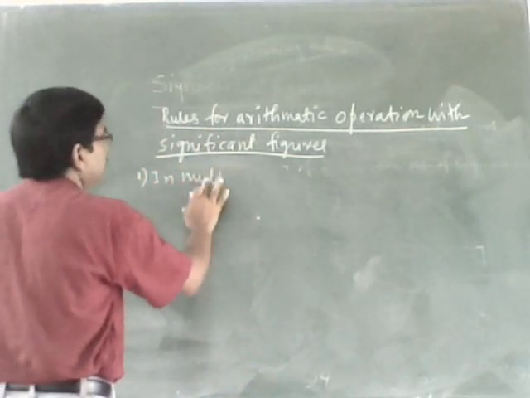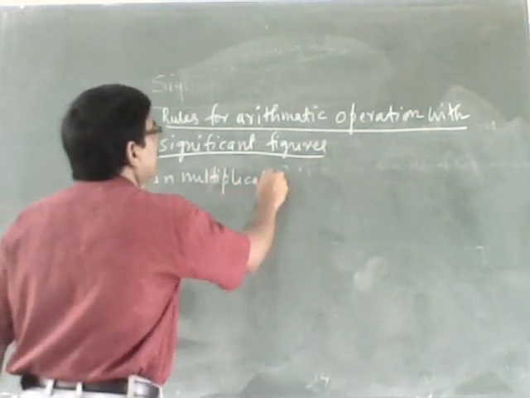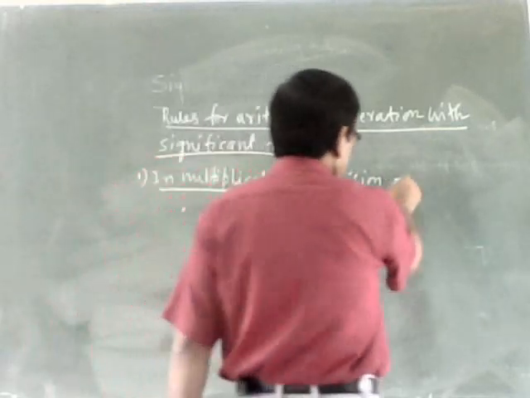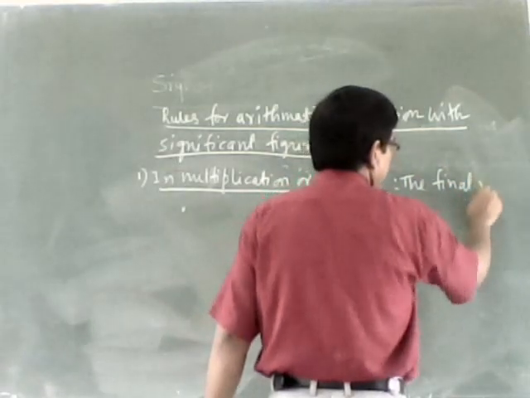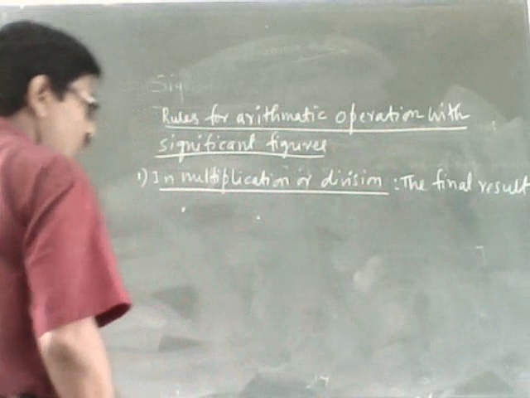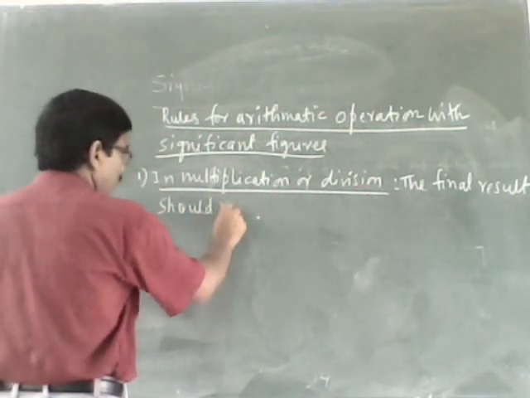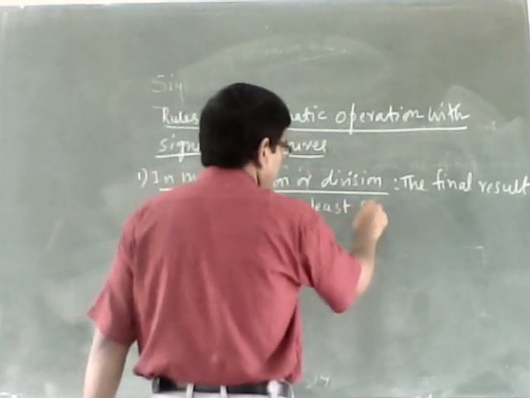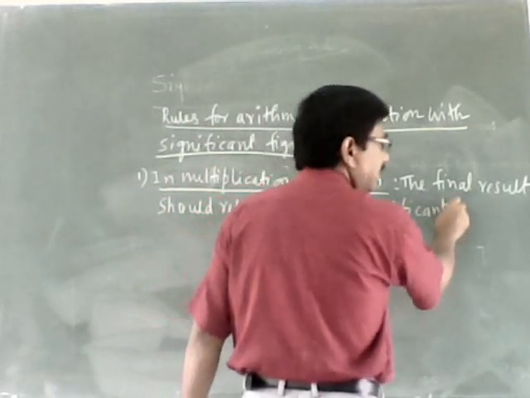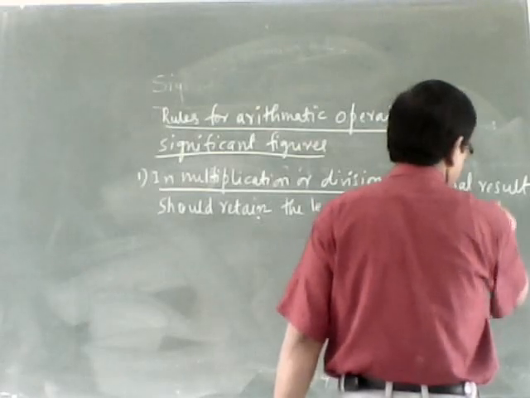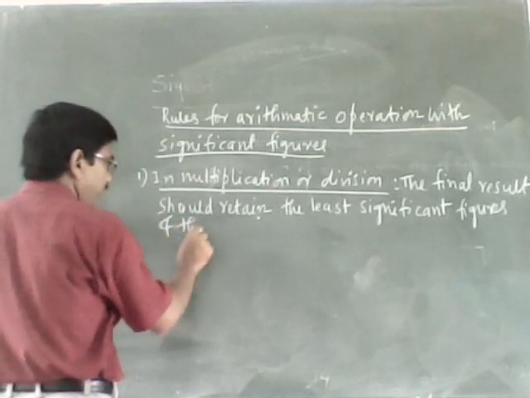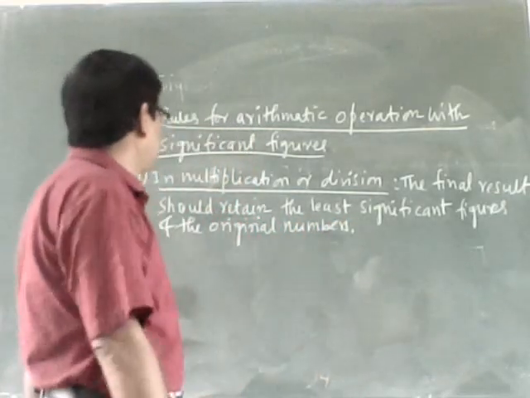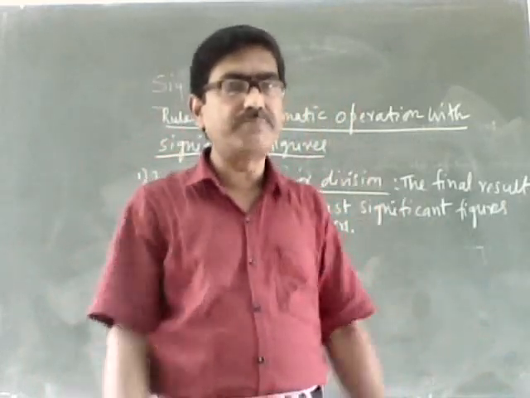In multiplication or division, the final result should retain the least significant figures of the original numbers.